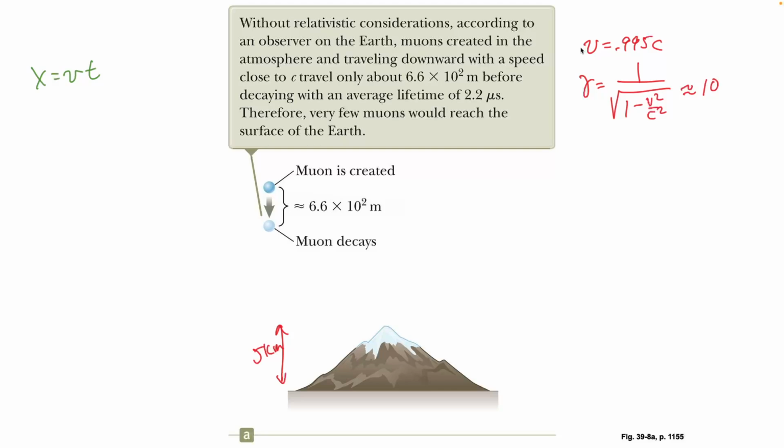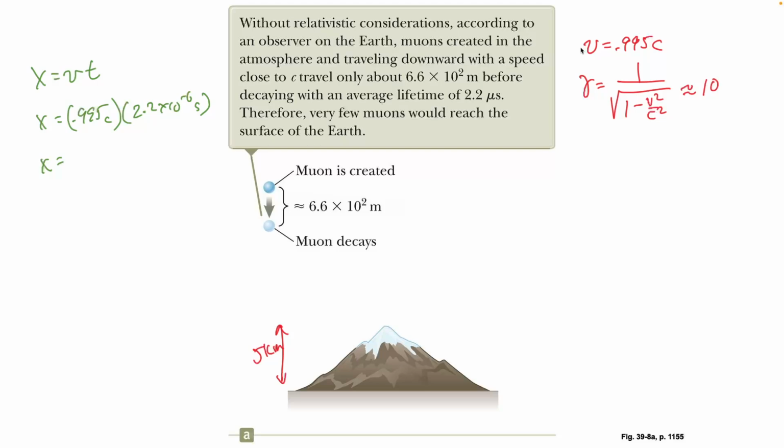Okay. We know the velocity, 0.995 c, and 2.2 times 10 to the minus 6 seconds. What am I asking? Distance.